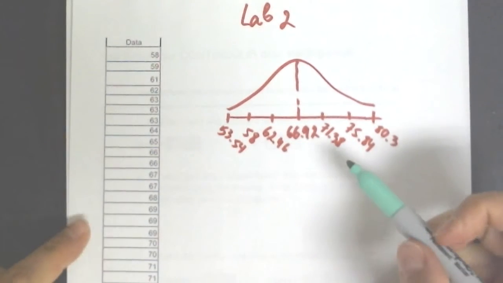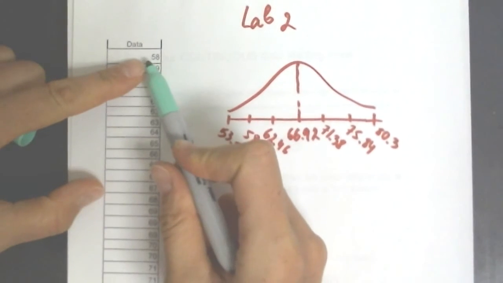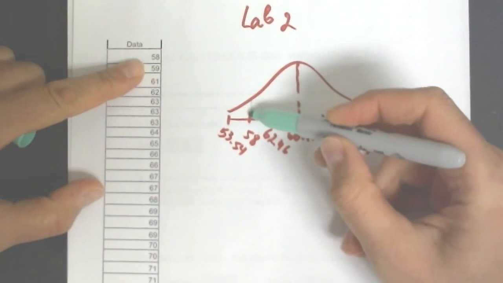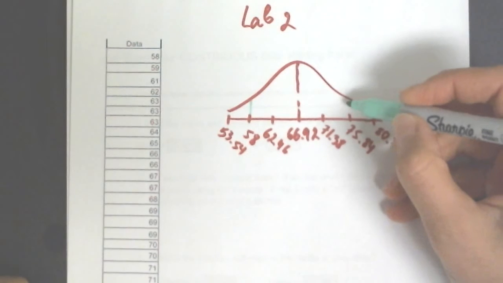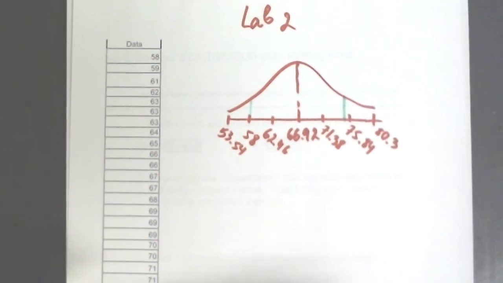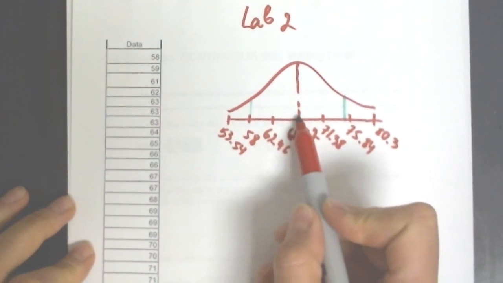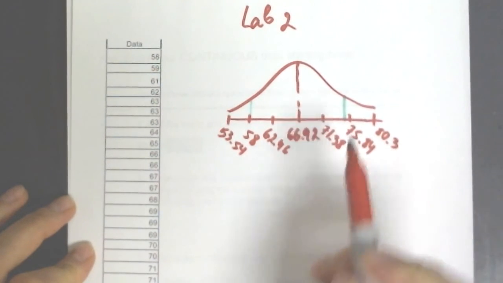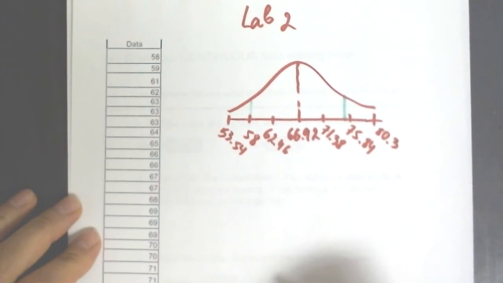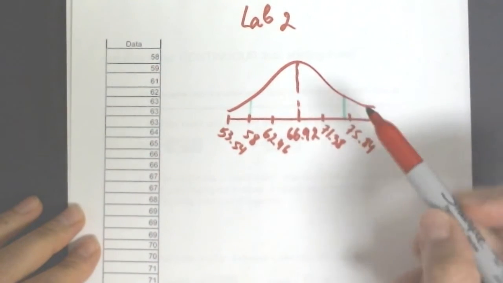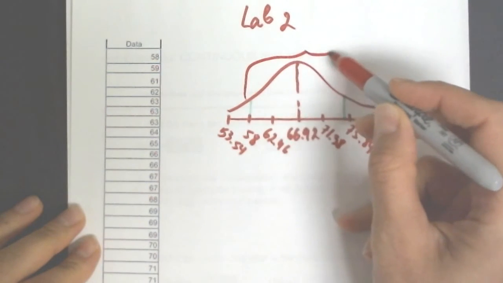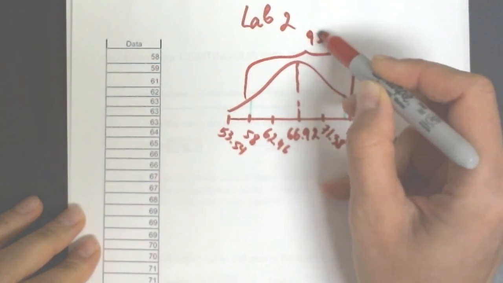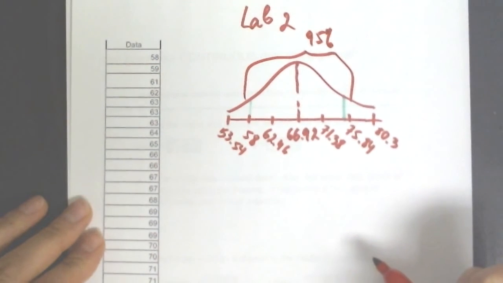I'm taking a different color pen. 58 is my lowest, so 58 is about right here, and 74 is my highest, so 74 is about right here. I am within 2 standard deviations of the mean, which is a good thing, because according to the empirical rule, within 2 standard deviations you cover 95% of the data, which is the majority of your data set.